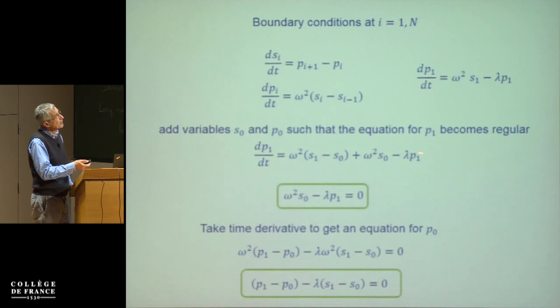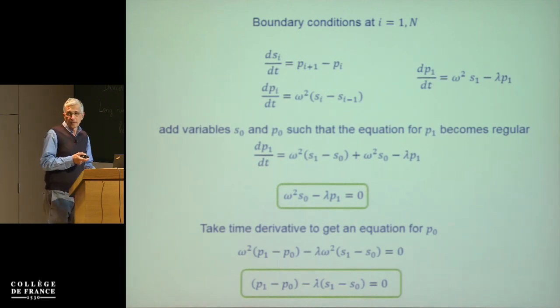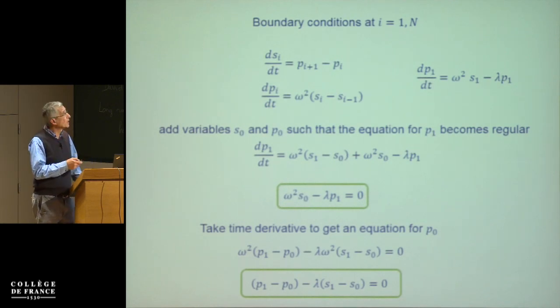But then you have to add it, and you have this other term. So to bring this equation to the same form as this equation, you have to demand S0 should satisfy this equation. So you added a variable to the left, and you demand that it satisfies that.